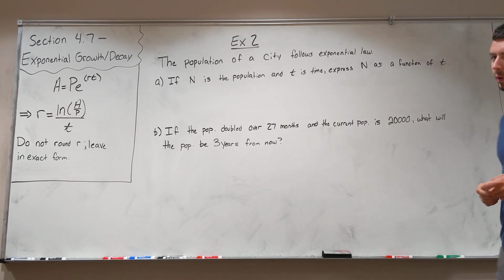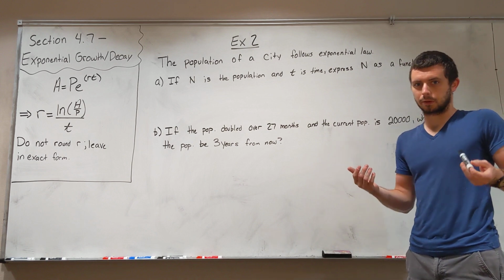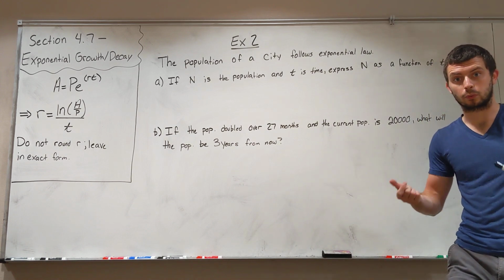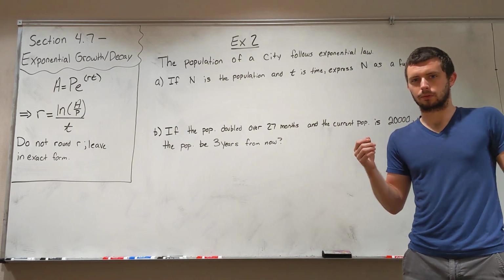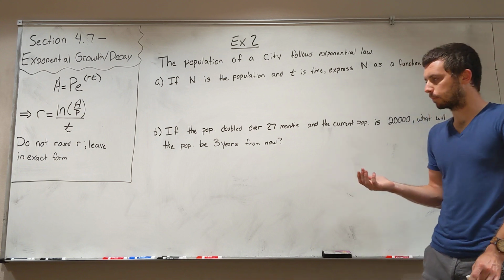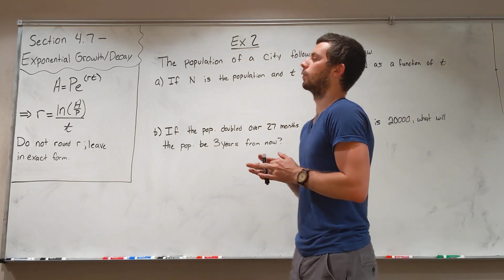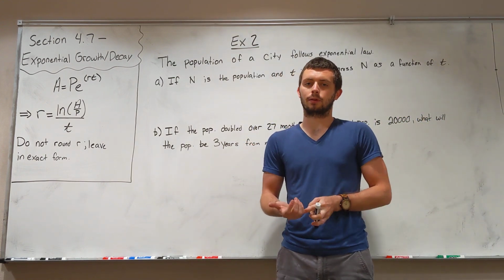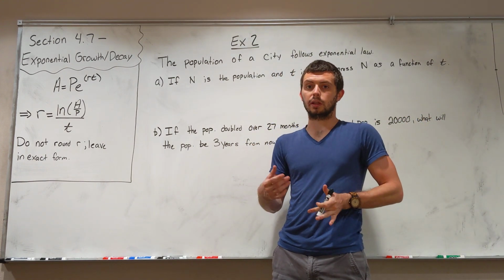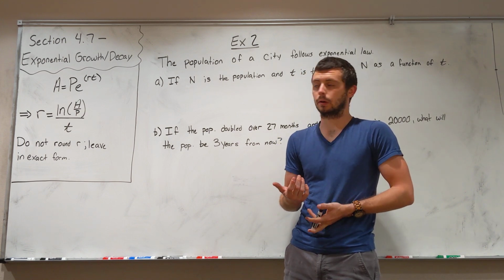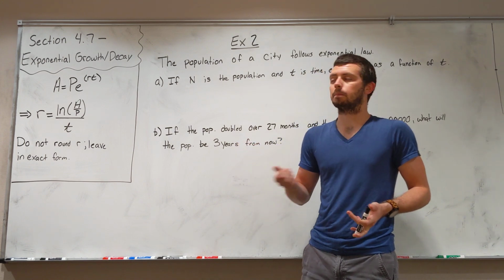For the last problem that we looked at, we got fortunate because it gave us the rate already. It was the negative 0.0244. But for the problems moving forward, well, these problems will not give us the rate, and as an intermediate step, we will need to figure out the rate before we move on with the problem.